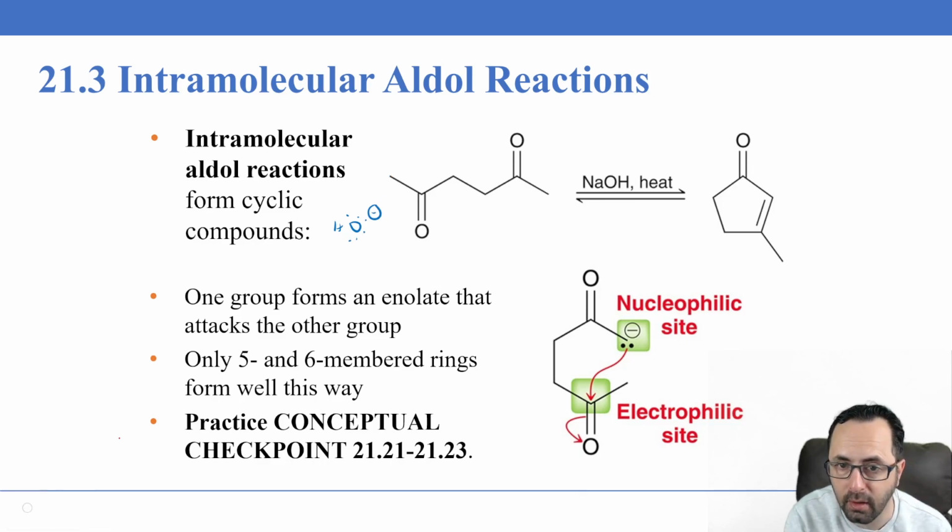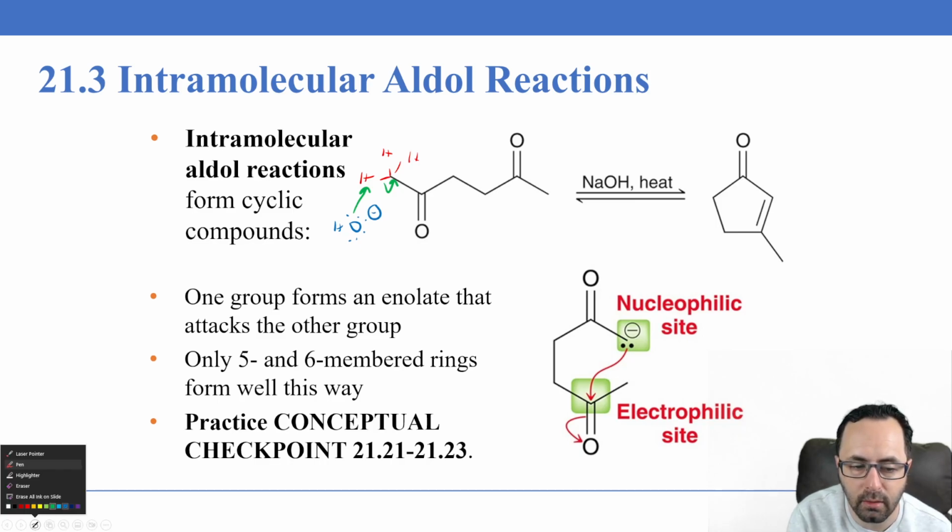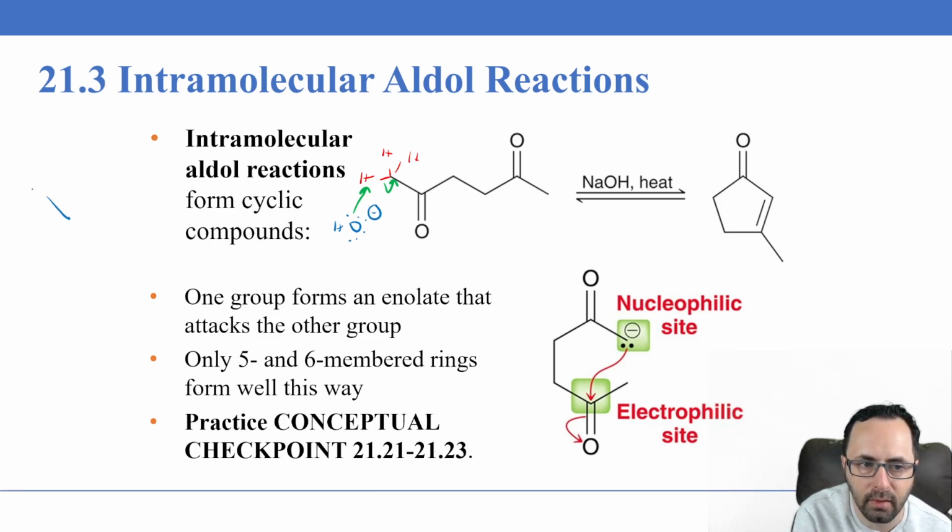This is also an alpha hydrogen, and although we could deprotonate in the middle, the issue is that it's going to be a little bit sterically hindered, and I let my brain go loose on that a little too quick there. There we go. This will be less sterically hindered. So we're going to have instead a product that looks more like this, with the negative formal charge here on the end.